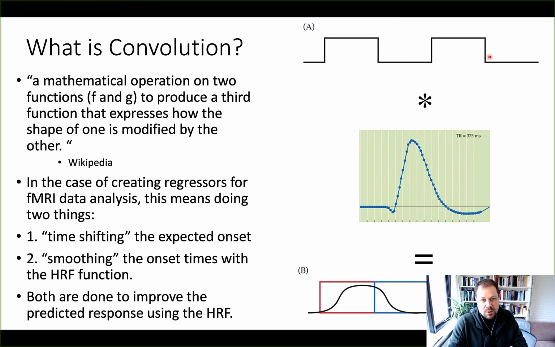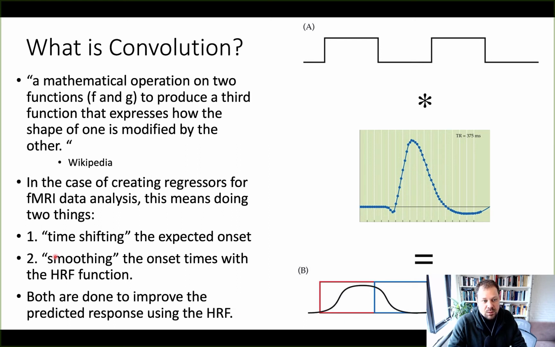So this is the experiment, and this is what we know about the hemodynamic response function, to produce a third function that expresses how the shape of one is modified by the other. So basically this third function is the information we have about the experiment and the information about the hemodynamic response combined into a sort of ideal predicted data set.